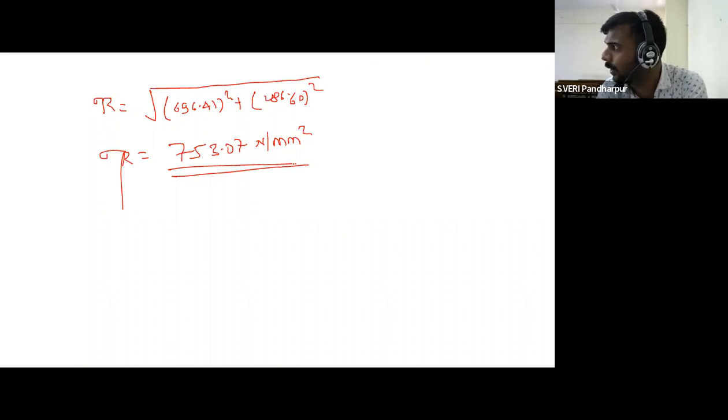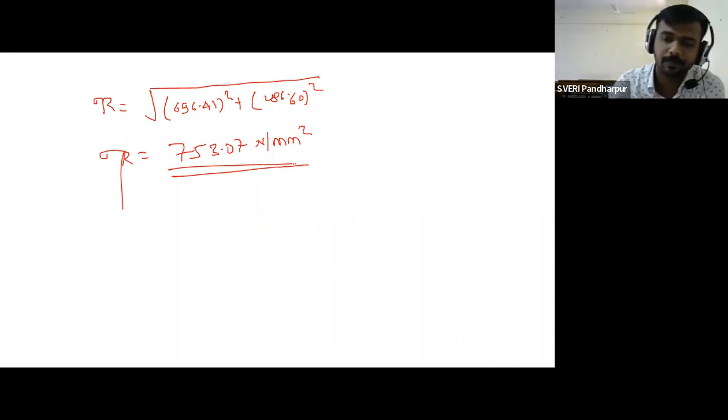Determine the tensile stress acting on plane BC. So the figure is given. I will draw that figure.